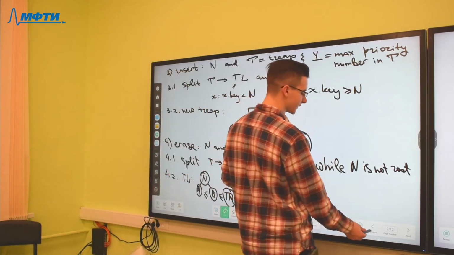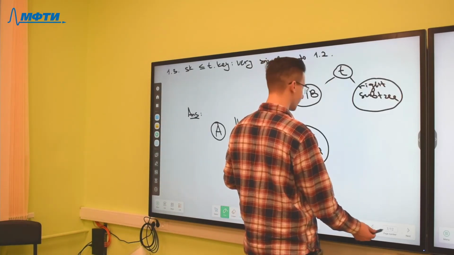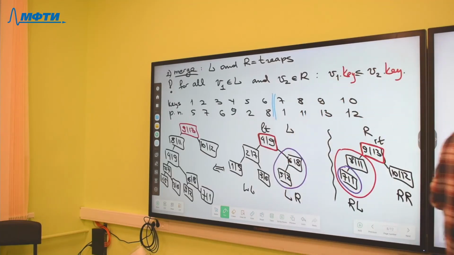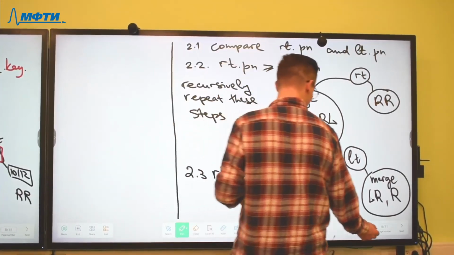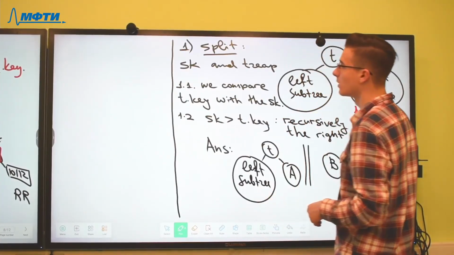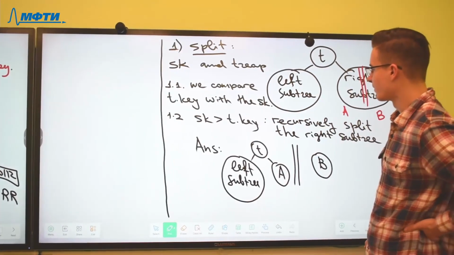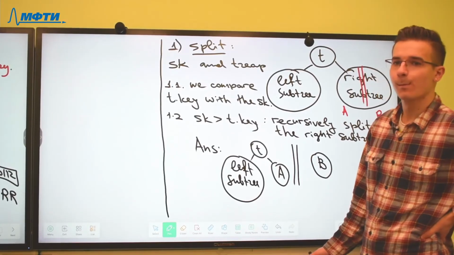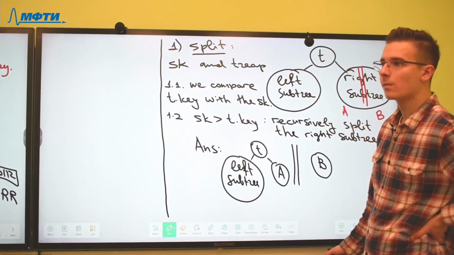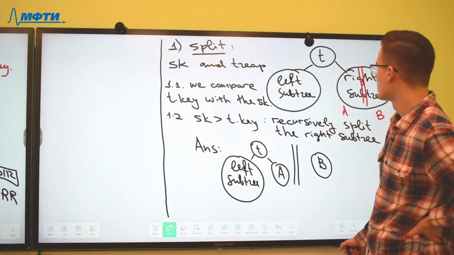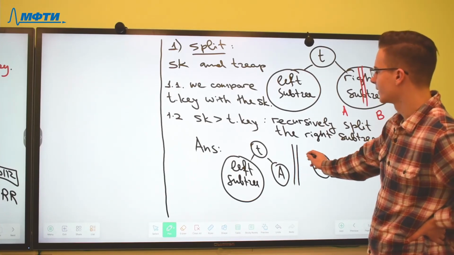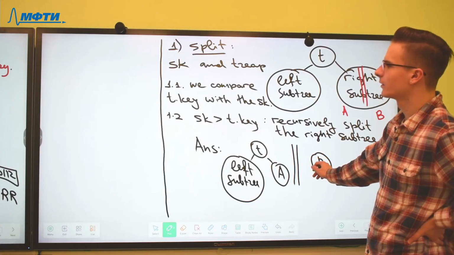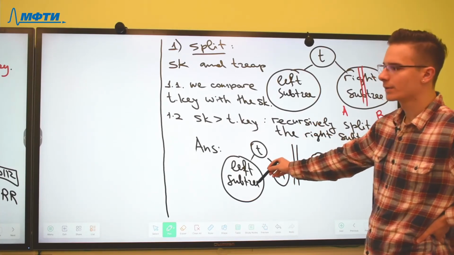Okay, and what is the asymptotic time of splitting? We compare their roots and then we go down in this tree.